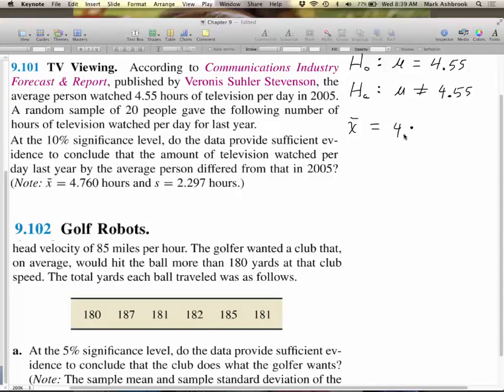Our sample in 2005 gave us a mean number of hours of 4.76 and a standard deviation of 2.297. And what was the size of our sample? 20 people.